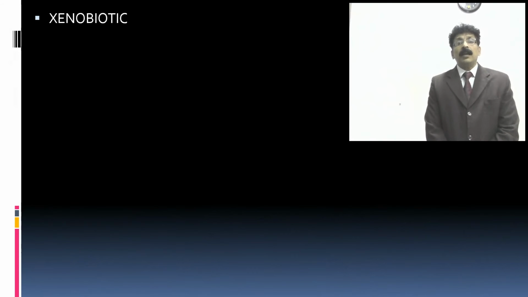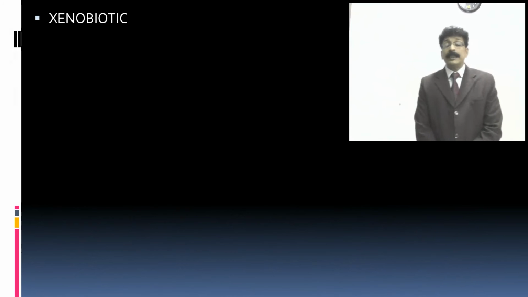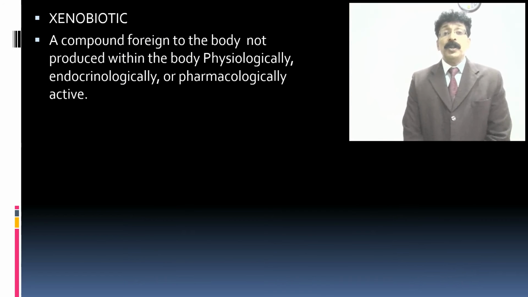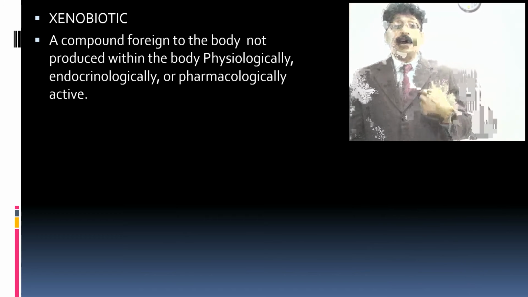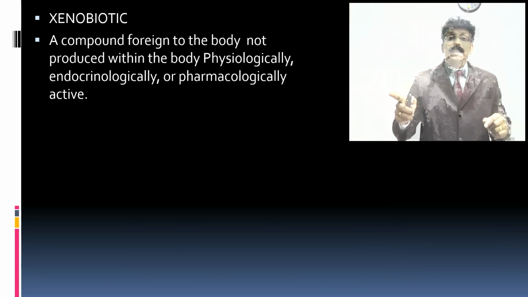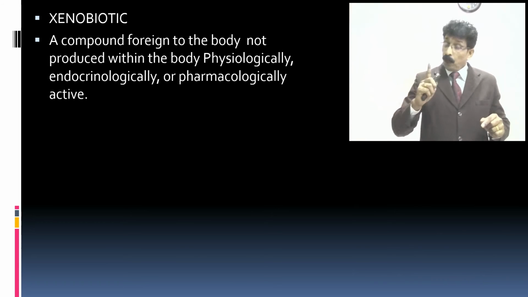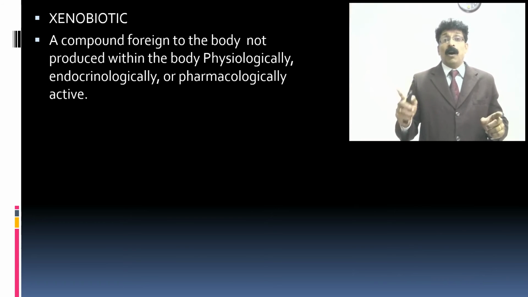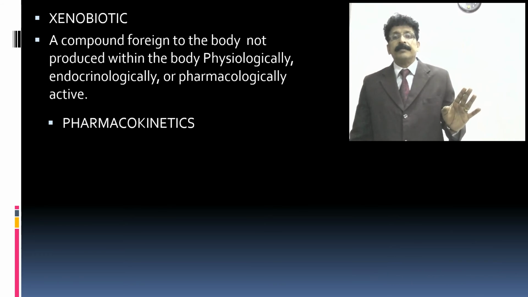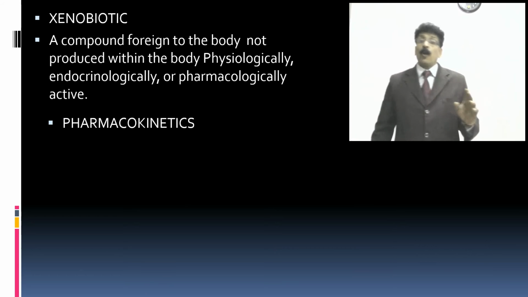What do you mean by xenobiotic? A compound foreign to the body, not produced within the body, physiologically, endocrinologically, or pharmacologically active. What do you mean by pharmacokinetics?